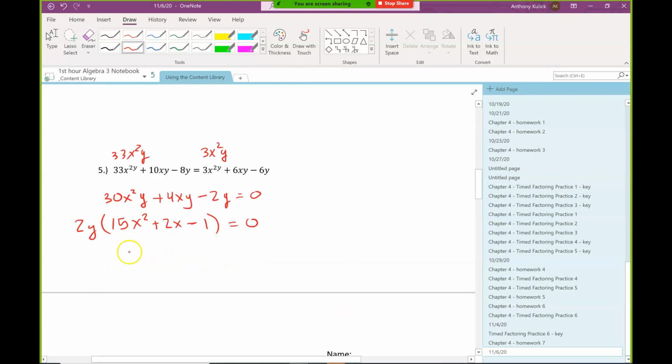Okay. From here now, I can factor. I'm looking for the two things that multiply to give me 15 times -1, so -15, and add to give me 2. Hopefully, it's easy to see that would be 5 and -3.